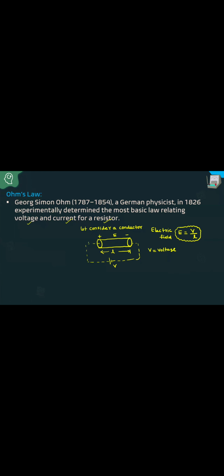Let the current through the conductor be I. Where L is the length of the conductor and A equal to the cross-sectional area of the conductor.